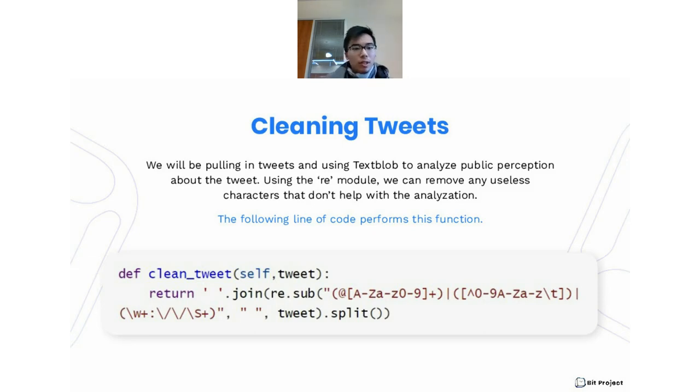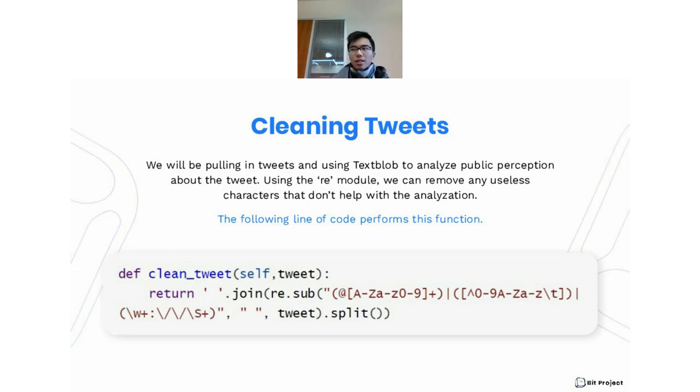Moving on to the actual code now. The first thing we want to do is write a function called clean_tweet. The purpose of this function is to take in a tweet and remove any punctuation, like colons, semicolons, apostrophes. Remove all of that because sentiment analysis is really complicated, and the simpler the text is, the more efficient TextBlob will be when pulling out information.